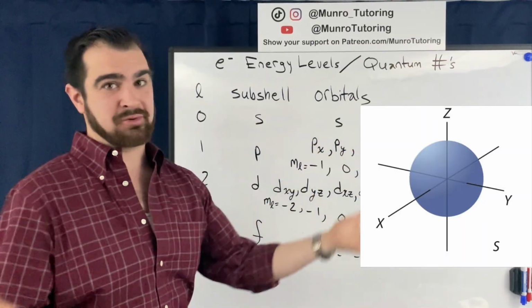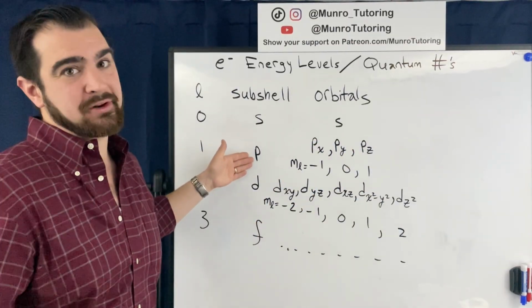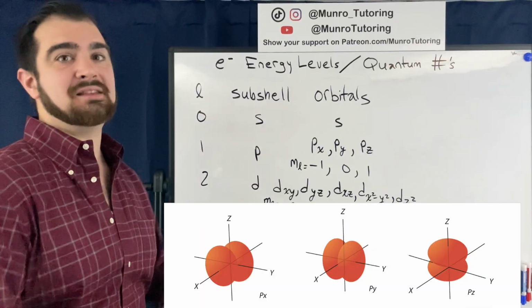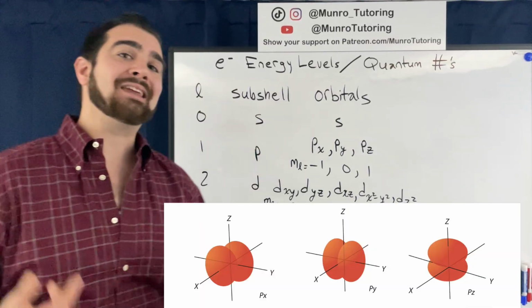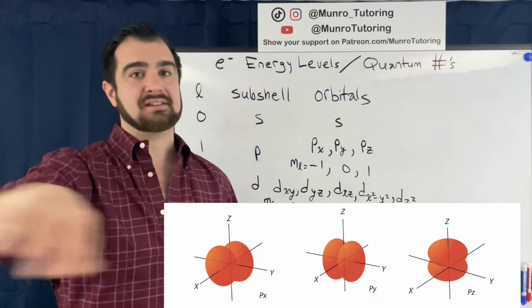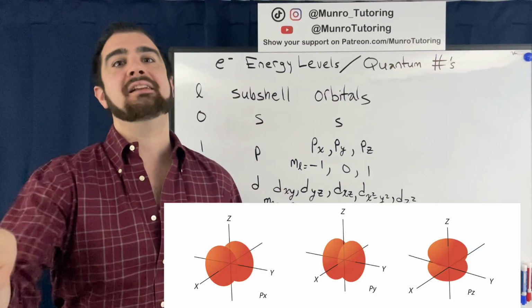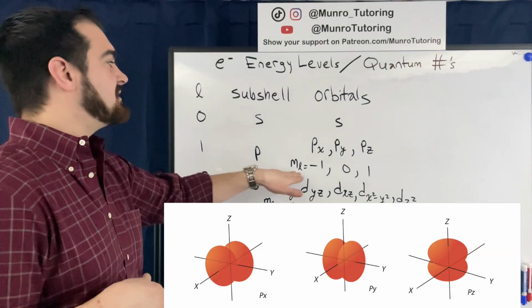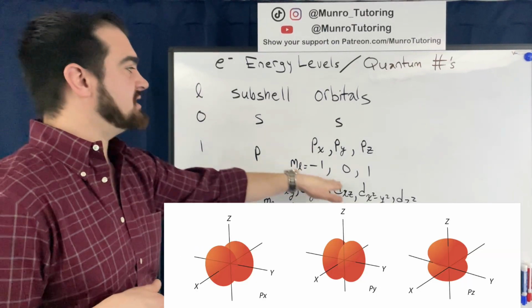But the P has 3 orbitals. So we separate that into the PX, Y, and Z. Like in Cartesian coordinates, there's an X-axis, a Y-axis, and a Z-axis. It's kind of like left, right, up, down, and in and out, right? And that corresponds to the M sub L being -1, 0, and 1.